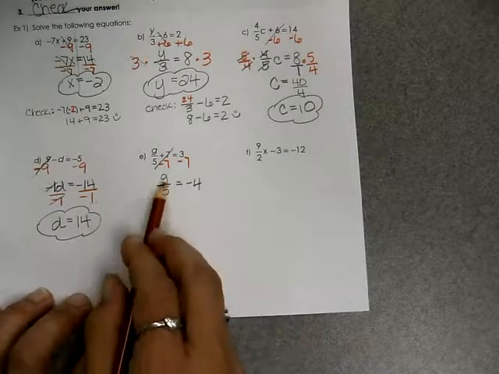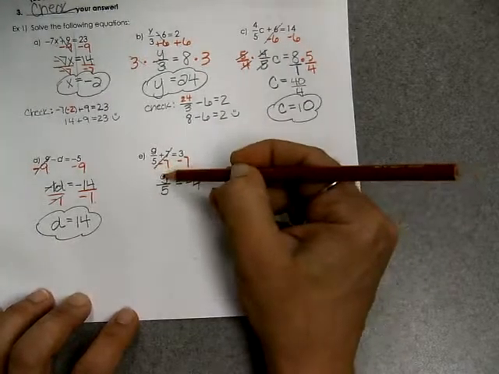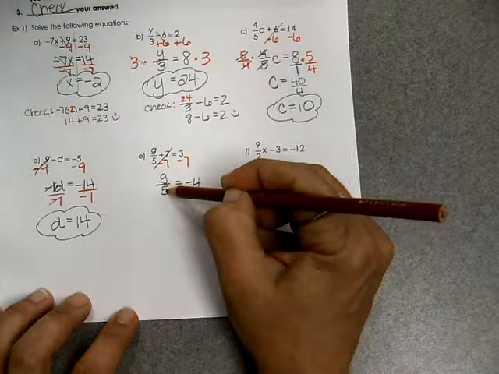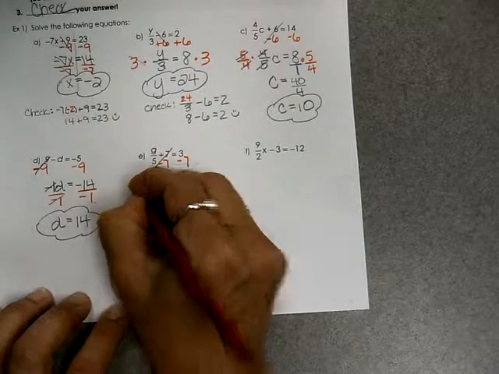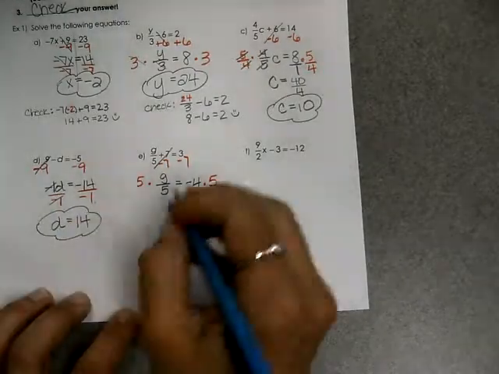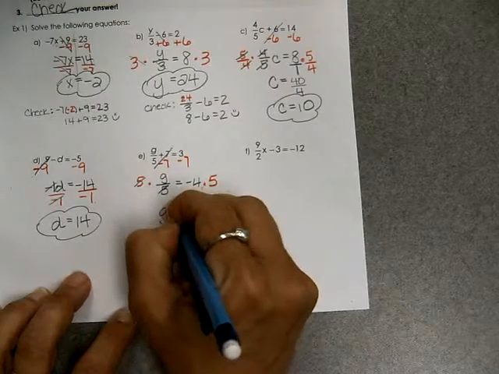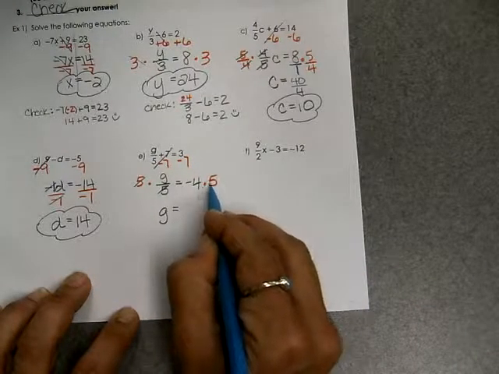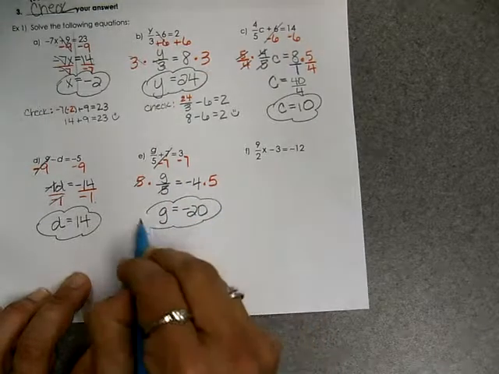And again, when you see this fraction bar, what operation is that doing to the g and the 5? Remember, we said it was division. And to get rid of division, we want to multiply. These 5's cancel, and I'm just left with g. And negative 4 times 5 is negative 20. And that checks out too.